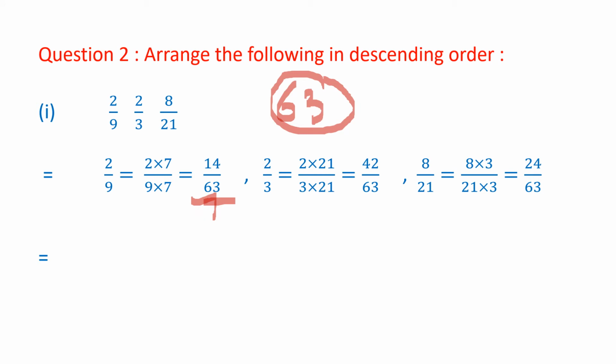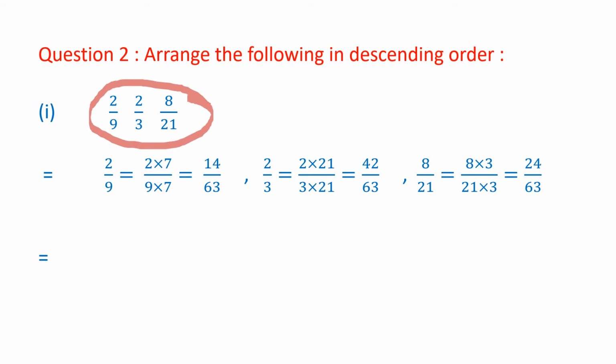So let me tell that to you once more. First, what should you do? You should look at the three given fractions, right? Now in these fractions, in order to compare them and to find the greater and the smaller numbers, you should first convert the denominators into the same number.